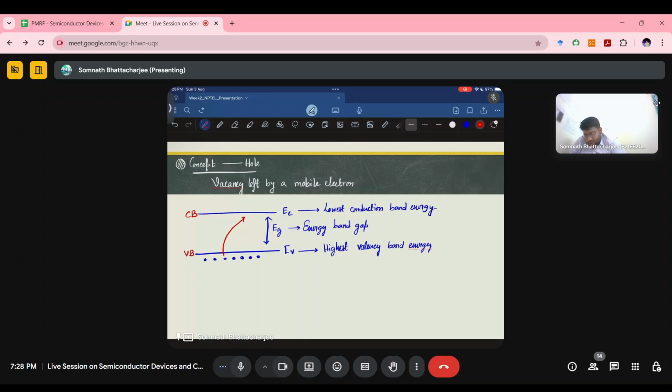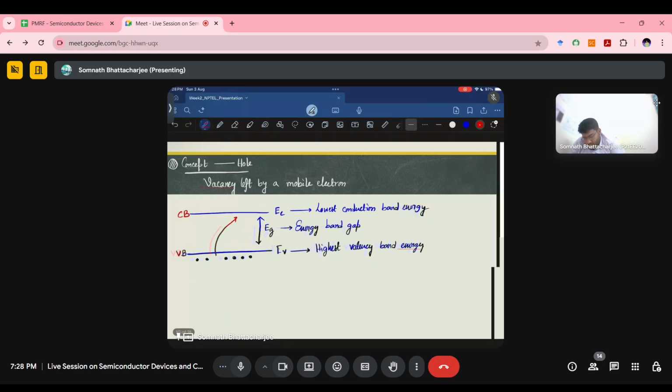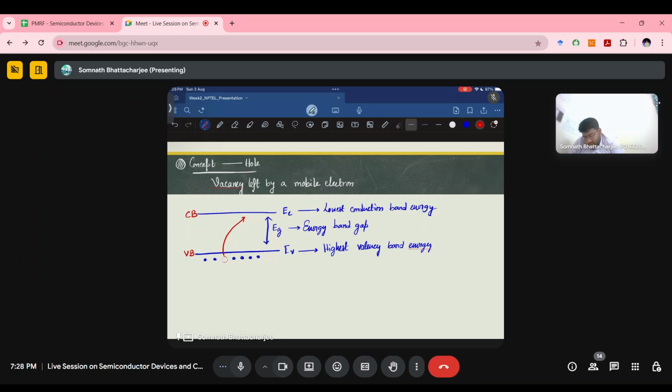And when these electrons jump to that space, there will be a vacancy of the charge of this electron, which is called a hole, and the electron will be here. So these kinds of electrons are called valence electrons or band electrons, and these kinds of electrons are called free electrons.